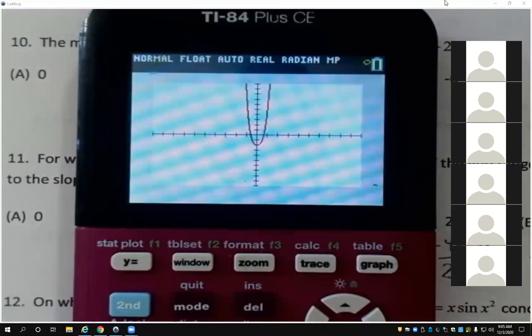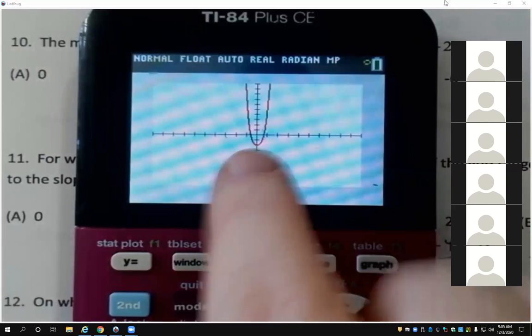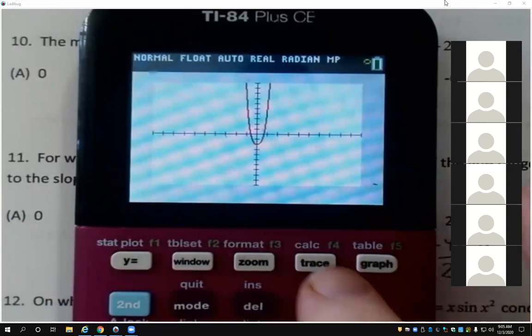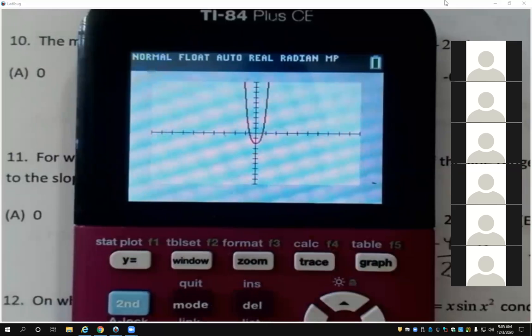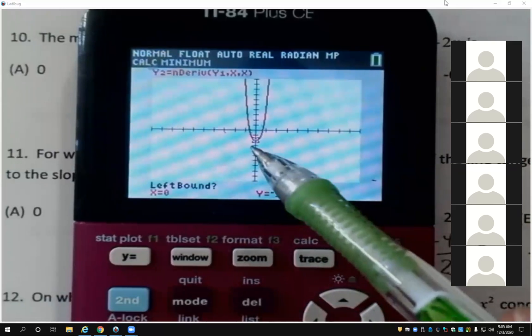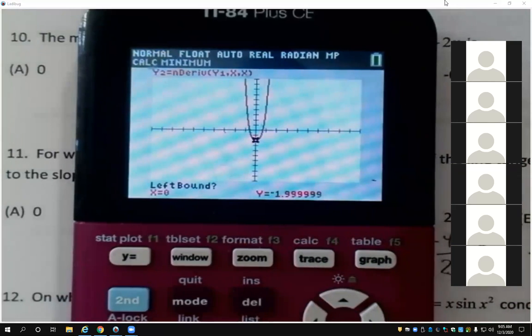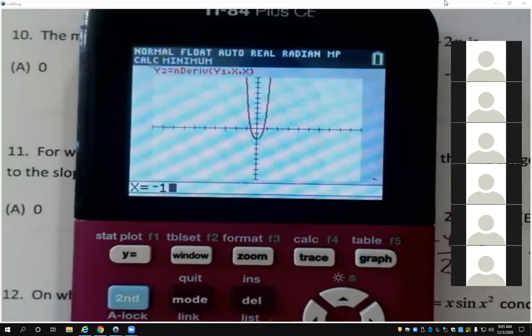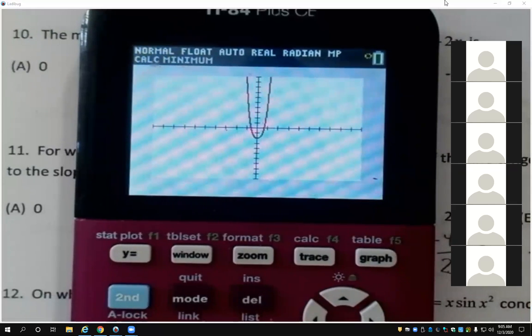All right, so there's your graph. Find that minimum point in your calculator. So second calc. Oh, it's still graphing. All right, here we go. Second calc. Option 3 is minimum, and my minimum is somewhere here. You can either move your cursor left and right or pick numbers. It's somewhere between -1 and 1. I can see that.